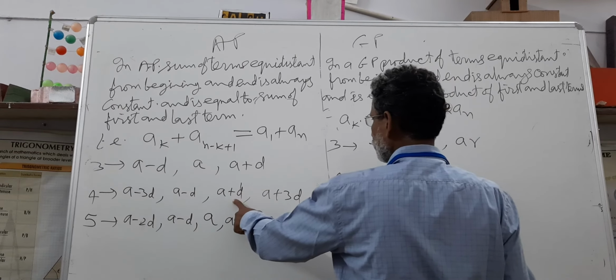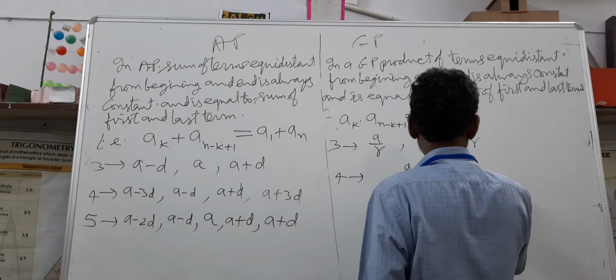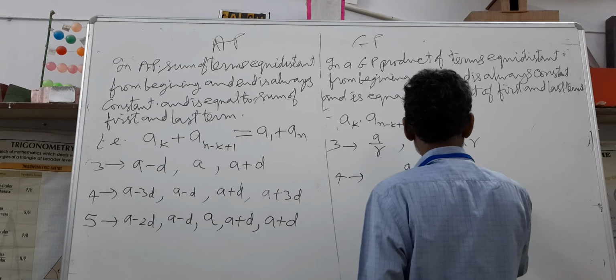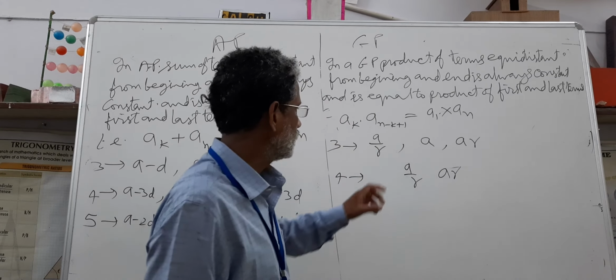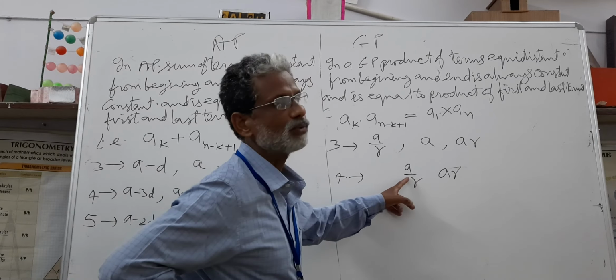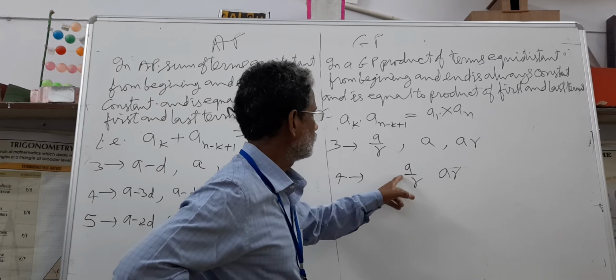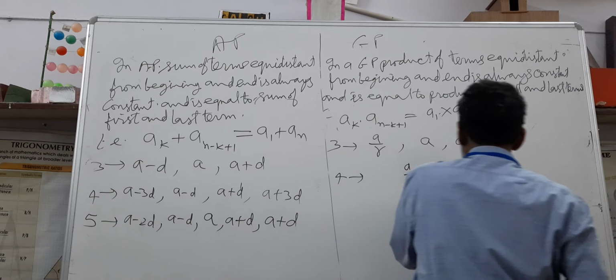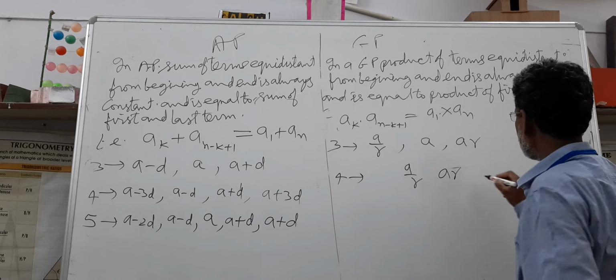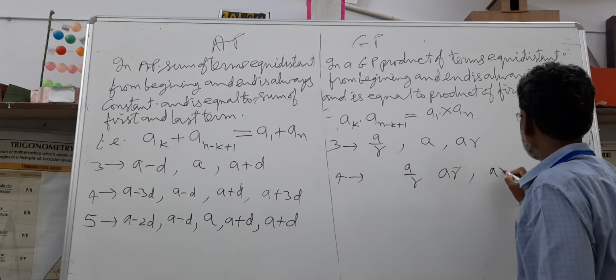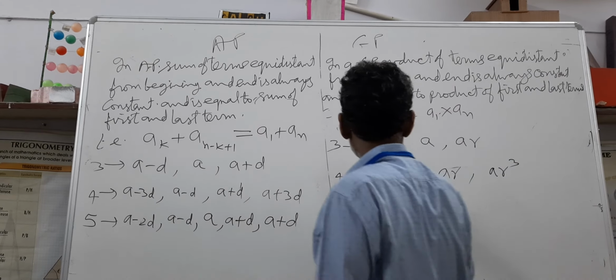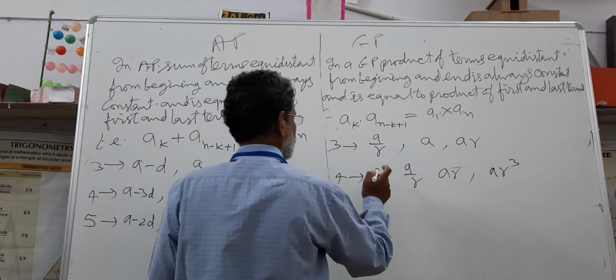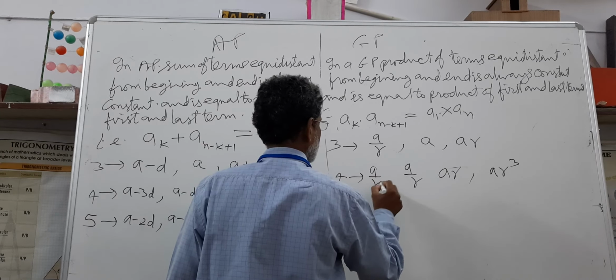And plus changes to product, D changes to R, AR. Now, if you multiply R square here, then you will get AR. So again multiply R square here, your next term will be AR cube. Again divide by R square here, your previous term will be A by R cube.